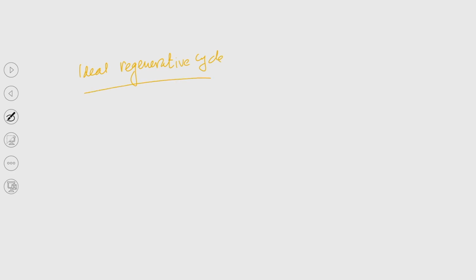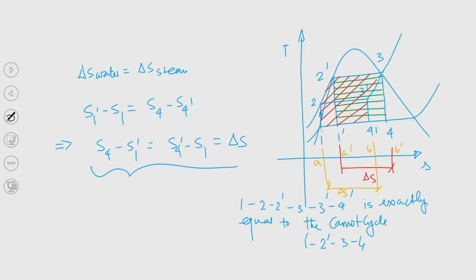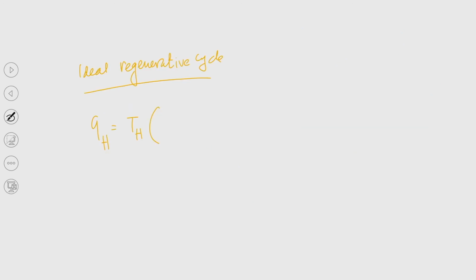What we can write is QH equal to TH, let me write here in capital, into S3 minus S2 prime. So, S3 minus S2 prime is delta S, shown here. Now, we know that delta Q equals T into delta S, right.